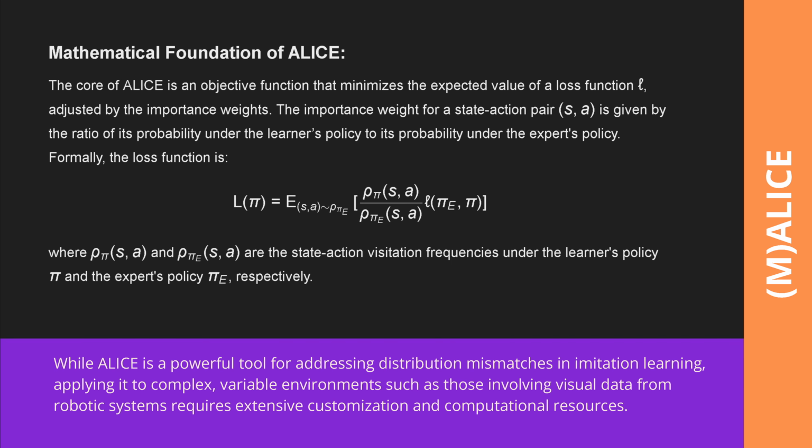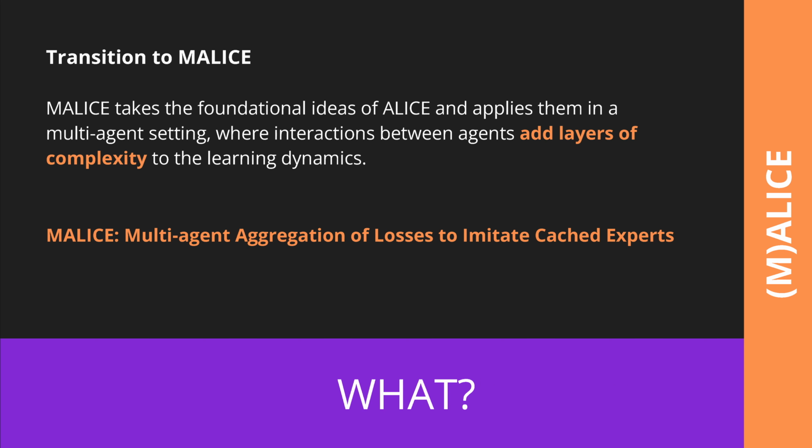So we have now with ALICE a powerful tool dating back to 2021 for addressing the distribution mismatches in imitation learning. I showed you in my last video, applying it to complex variable environments such as those involving visual data from robotic systems that require some extensive customization and computational resources.